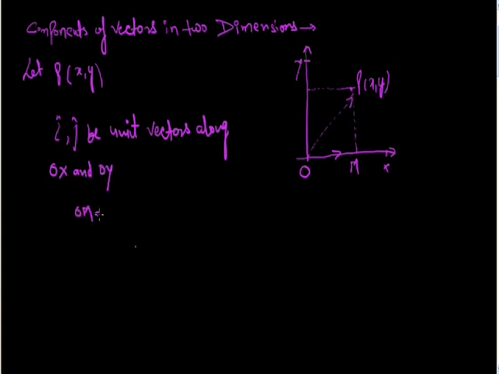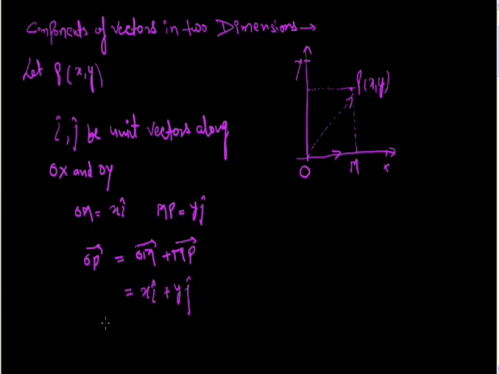Now OM equals x i cap and MP equals y j cap. Now the OP vector is the OM vector plus the MP vector, which equals x i cap plus y j cap.